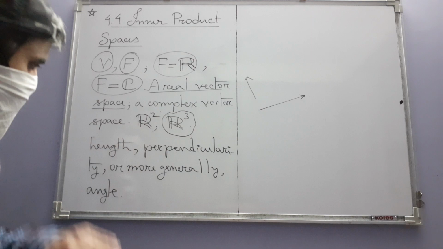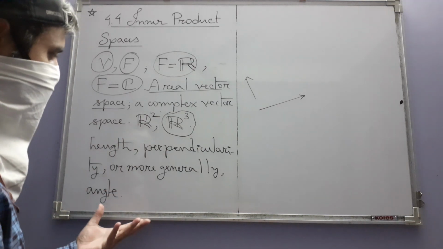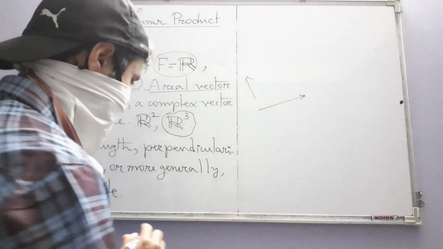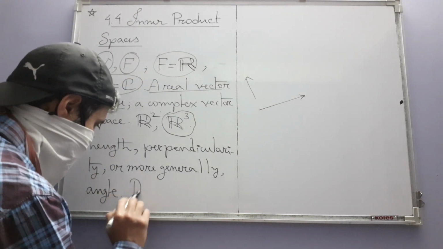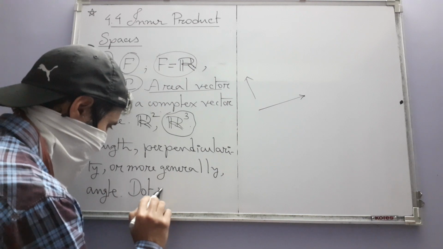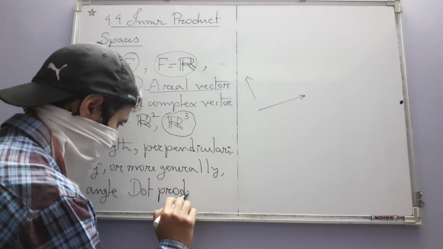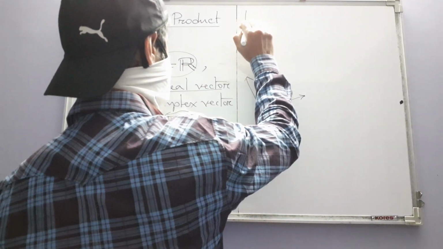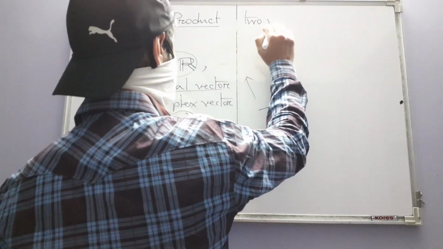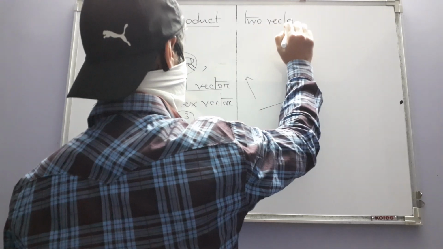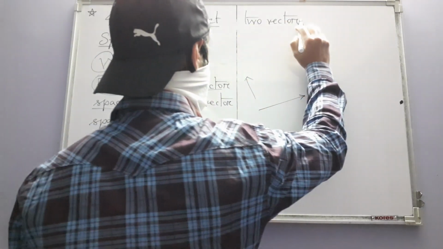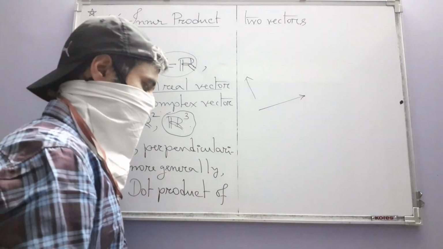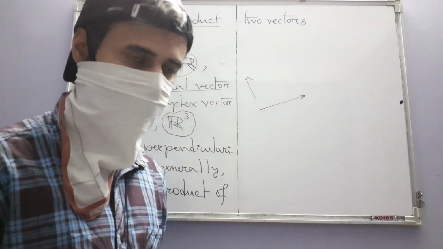And these two notions, as it turns out, are special cases of one thing, and that is the dot product of two vectors. Our usual dot product that we know very well.